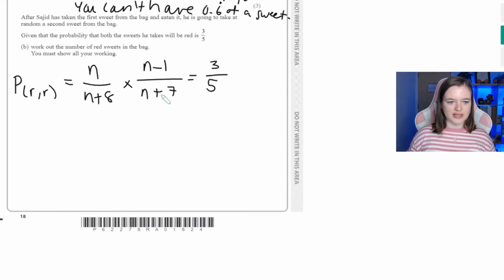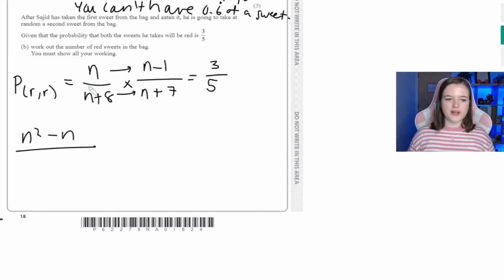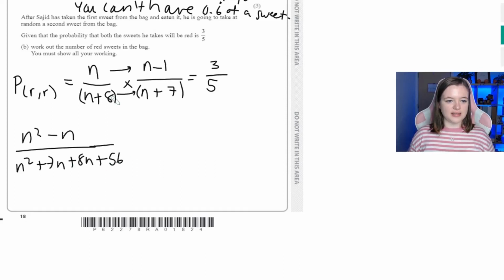So let's multiply these first, bring them into one fraction. So multiplying fractions, multiply top, multiply bottom. So we're going to get n times n, n squared, n times minus 1, minus n, over n plus 8 times n plus 7. So that's going to be n times n, n squared, n times 7, 7n, n plus 8, that's n times 8, 8n, and then plus 56, 8 times 7.